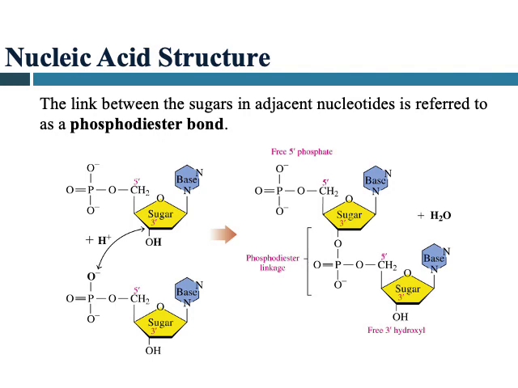So let's talk about how these nucleotides bind together, because nucleic acid is a polymer of nucleotides, which is a polynucleotide. So this is one nucleotide. Why? Because you have base, you have sugar, you have phosphate, right? This is your second nucleotide. You have a base, sugar and phosphate.